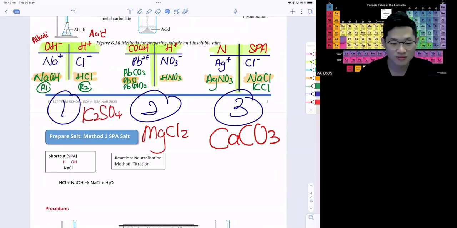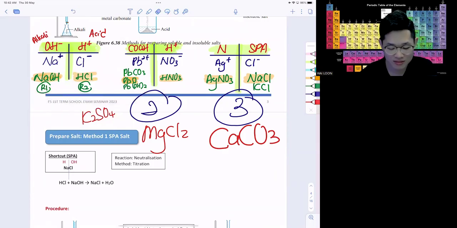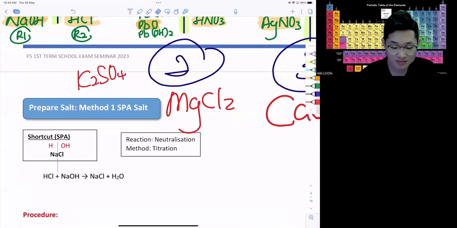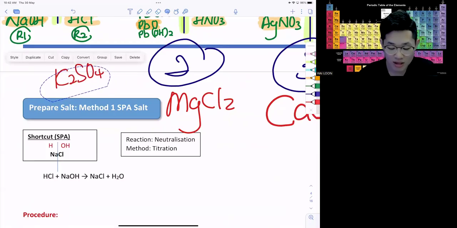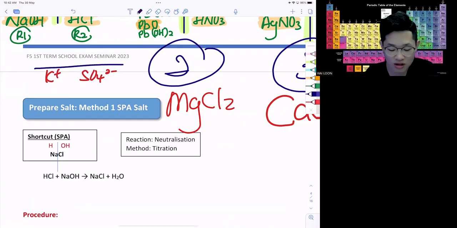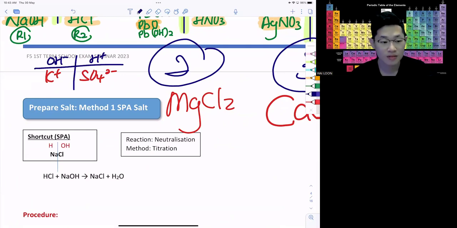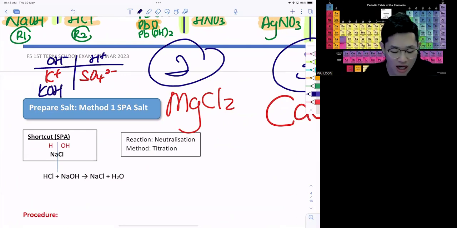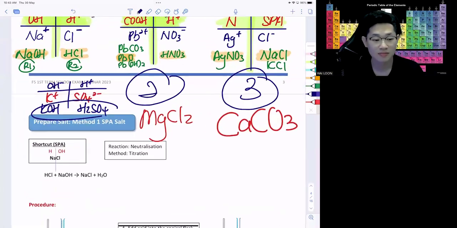Very good. Nice one. So to make the K2SO4, we split it into K plus and SO4 2 minus with the cross OH, H. So I get KOH, I get H2SO4. So this is my answer.